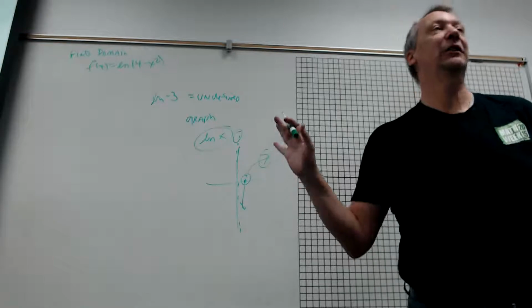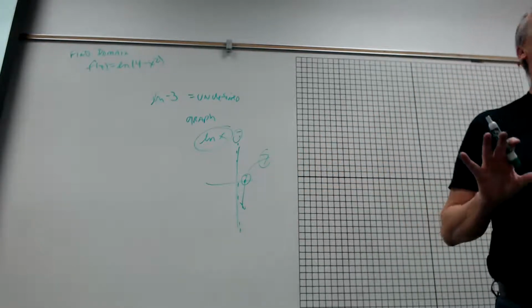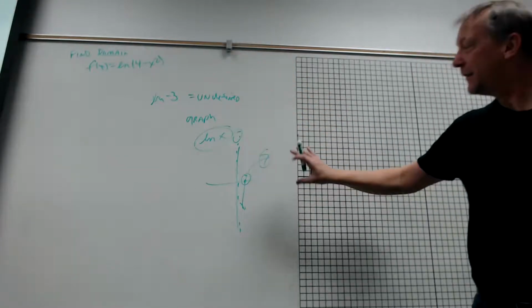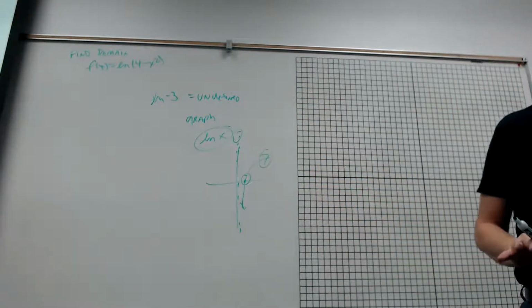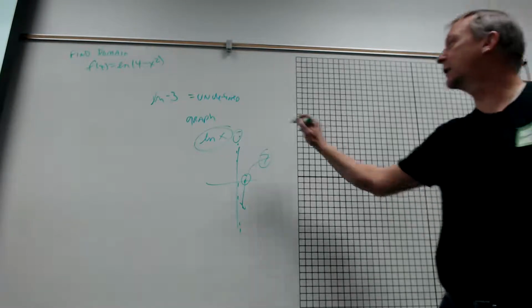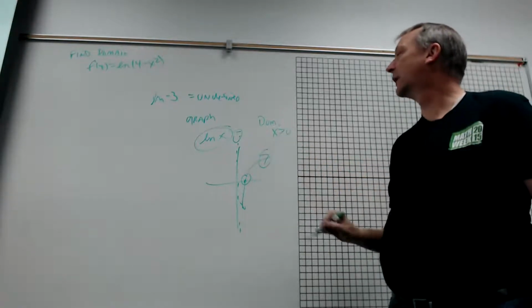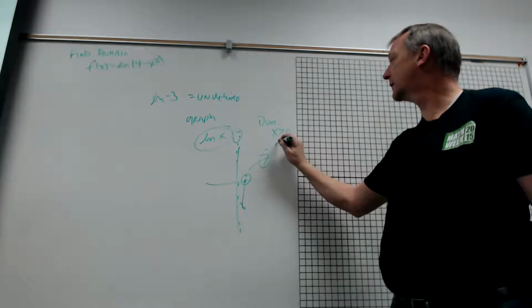Now, what does this tell you? If you were to look at this graph by itself, ignore my problem for a minute, what's the domain? Your domain is x has to be greater than 0, or if you like, 0 to infinity.